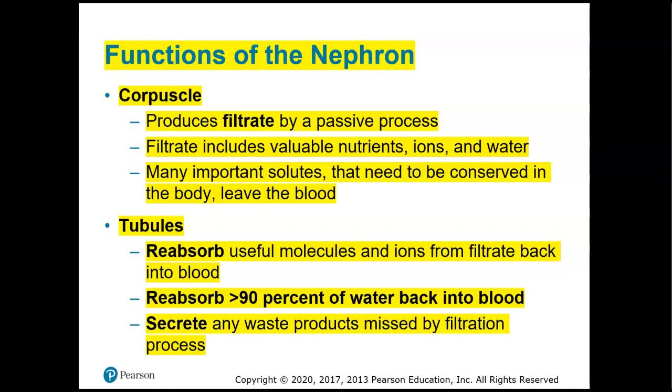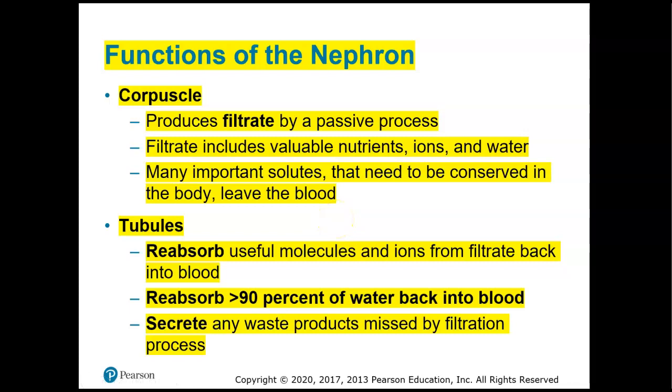The filtrate is going to include valuable nutrients, ions, and water, some of which we want to release with our urine and some of which we want to recapture and make sure it gets back into our blood. There are many important solutes that need to be conserved in the body that leave the blood.